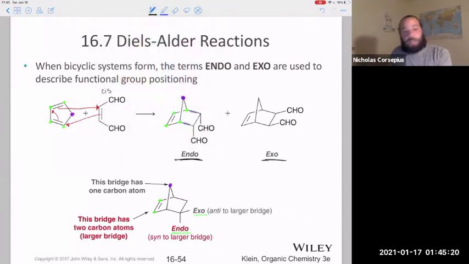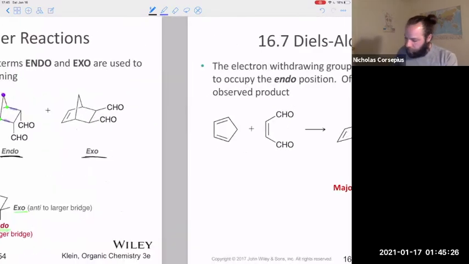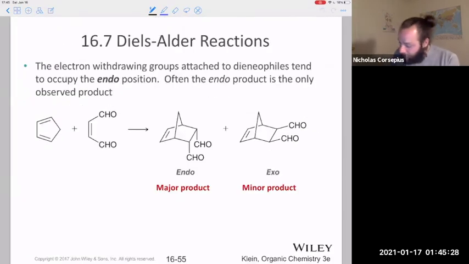One of these two is actually more favorable than the other one. It's actually a little surprising, at least to me, which one is more favorable. It turns out that the endo product, or where your substituents are on the same side as the big bridge, is more favorable than the exo products.